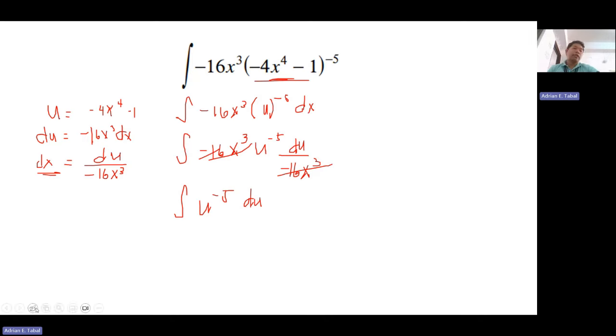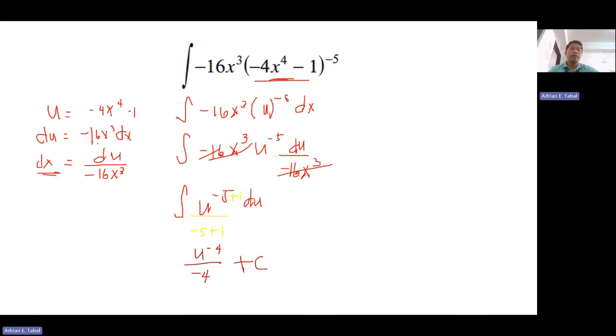Using the power rule, we add 1 to the exponent, so negative 5 plus 1. Our answer will be u to the negative 4 over negative 4 plus c.